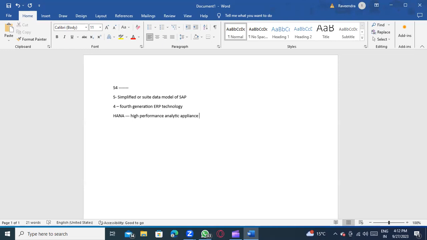So if you understand completely, what is S4 HANA? It is a simplified data model that is the fourth generation of SAP ERP technology. Then it is an inbuilt memory of high performance analytical appliances. SAP HANA is an in-memory database platform that can run both transactional and analytical workloads at the same time.